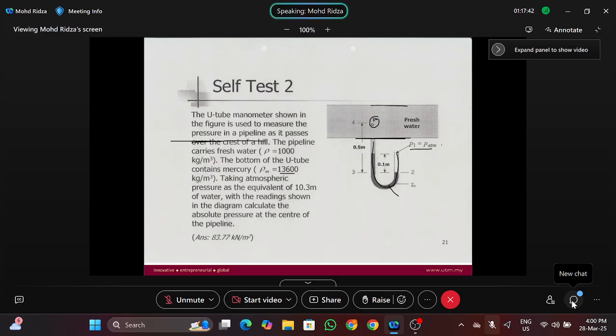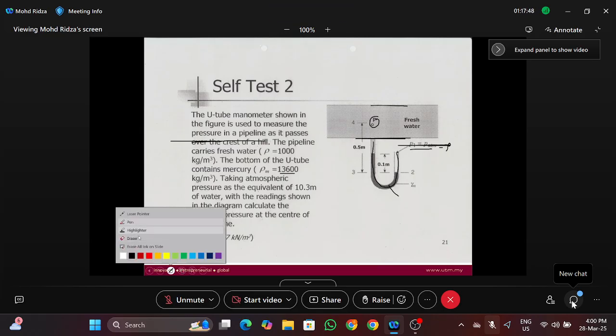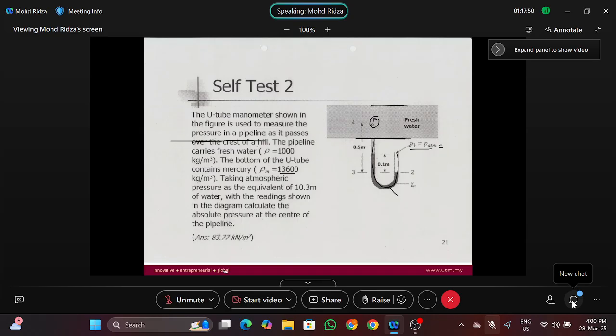So you just convert into rho GH. 10.3 meter is the H for the atmospheric pressure. Rho of water, because we are talking about 10.3 meter of water, times G times 10.3.